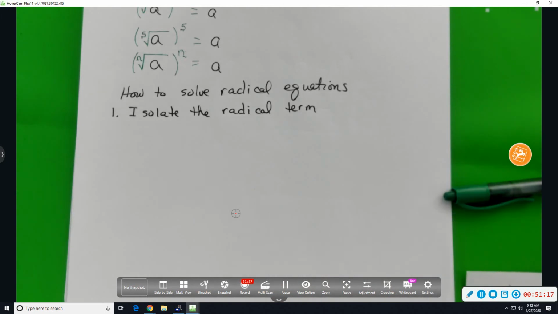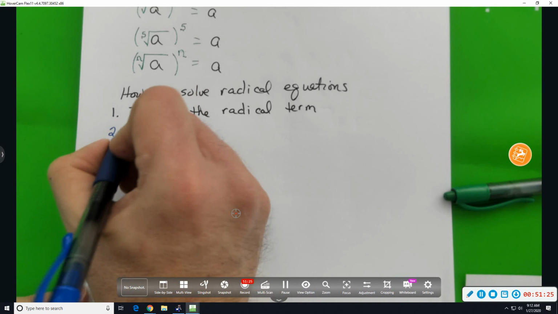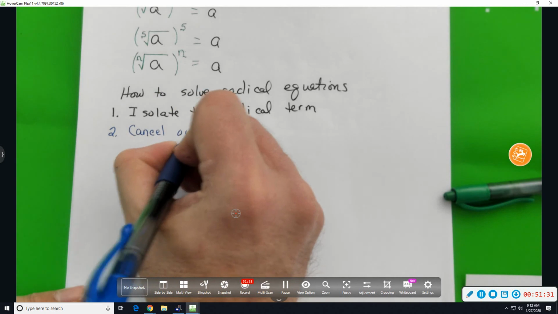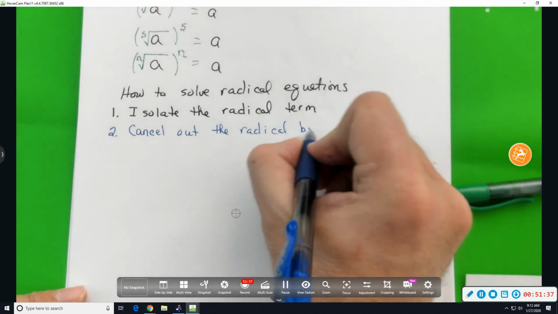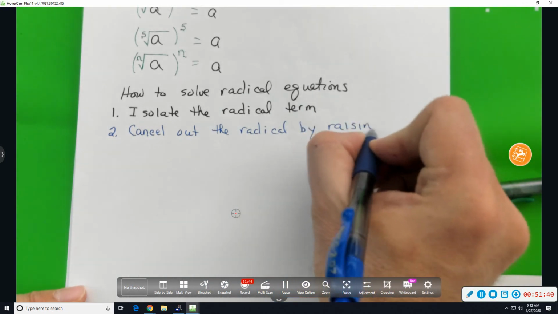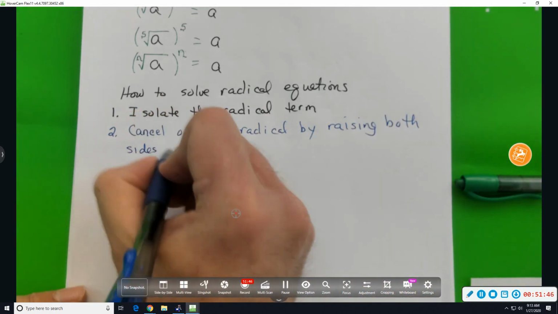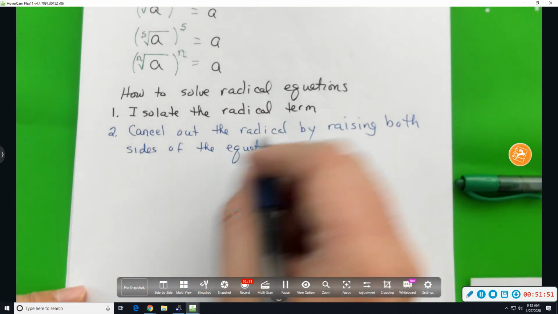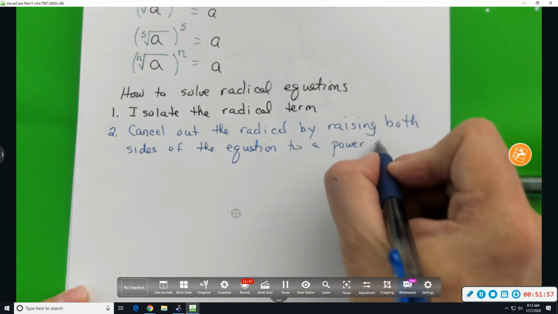Then, after I've moved that 7, cancel out the radical by raising both sides of the equation to a power equal to the root.